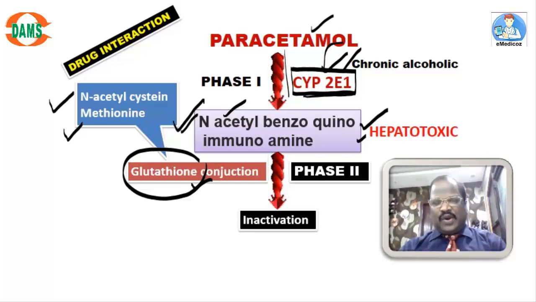So, in a chronic alcoholic patient, if we give paracetamol, it will rapidly form the hepatotoxic metabolite, causing liver damage. So, chronic alcoholics are more prone to liver damage with paracetamol because chronic intake of alcohol acts as a CYP2E1 enzyme inducer. That finishes the interaction between paracetamol and chronic intake of alcohol.